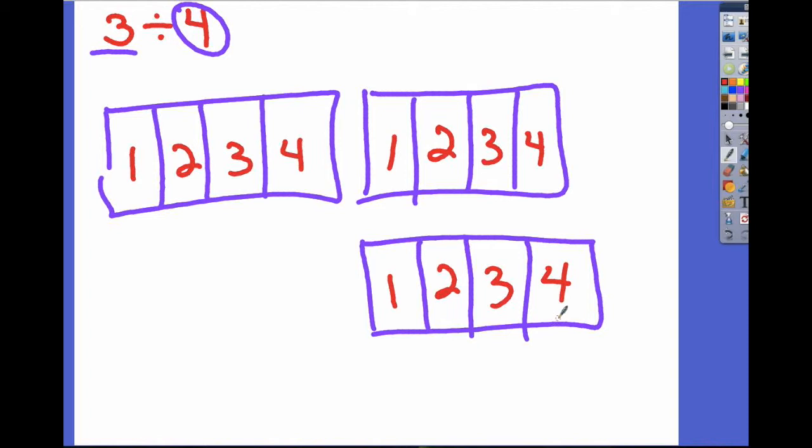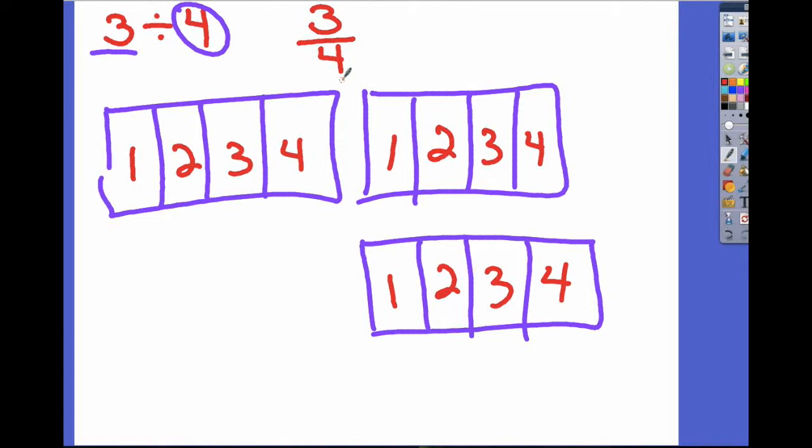How many times does each number happen? Each number happens 3 times, so that means 3 divided by 4 is 3 fourths. I like that. Good job. Very nice.